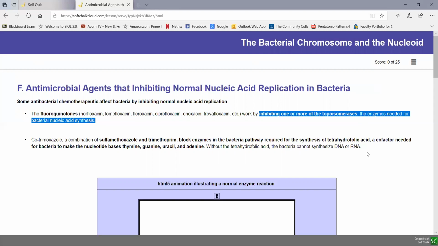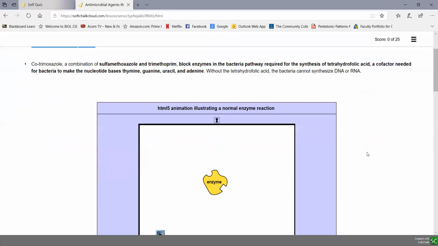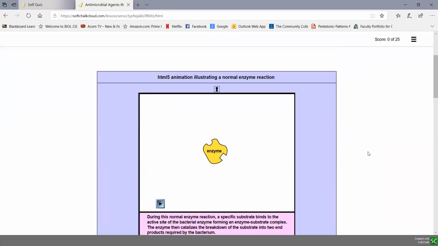And what they do then is they actually alter the topoisomerase enzyme. For example, if we look at a normal enzyme reaction in this animation, this would be the active site for the enzyme that would bind to a substrate. So in that case, it might be a topoisomerase enzyme that's either supposed to coil the DNA or uncoil the DNA.